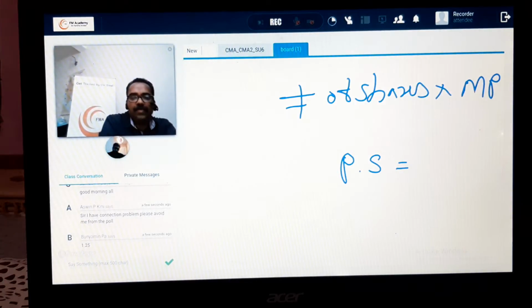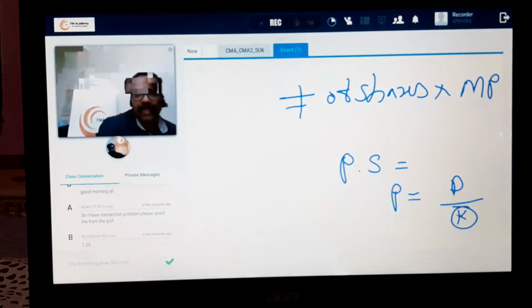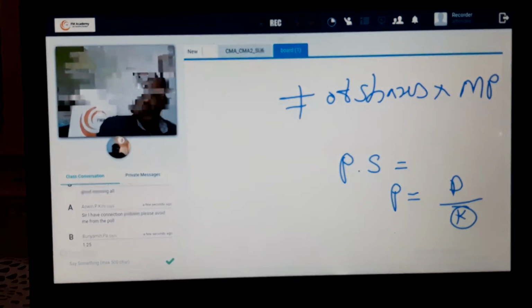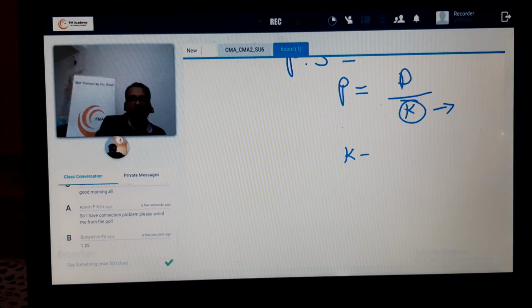What is the value? The value equals dividend divided by K. This we said cost of equity. Here we didn't use any CAPM model. We have the market price readily available.